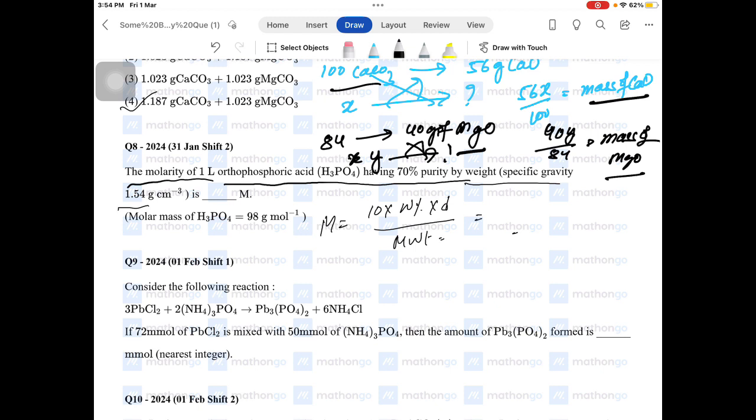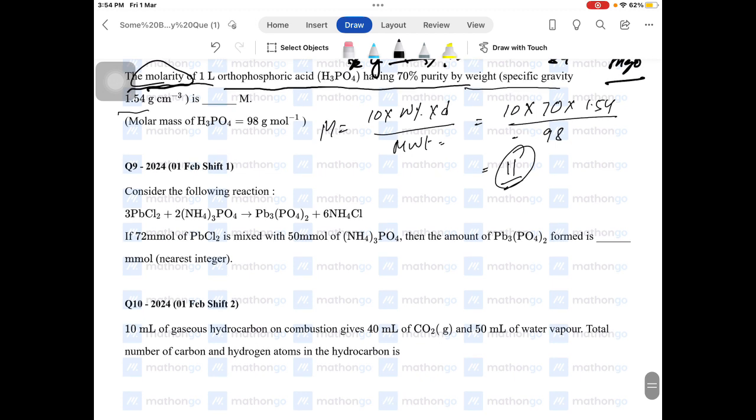So now 10 into weight percentage 70 into density 1.54 divided by molecular weight 98. Simplify this: 154 into 7 by 98. That is 11. Molarity is equal to 11.